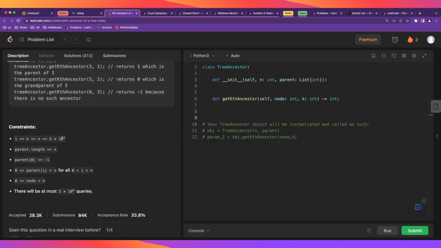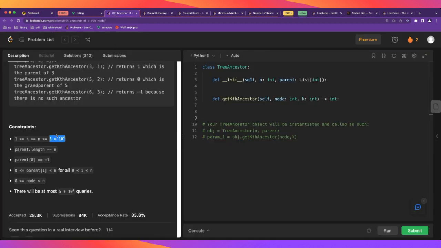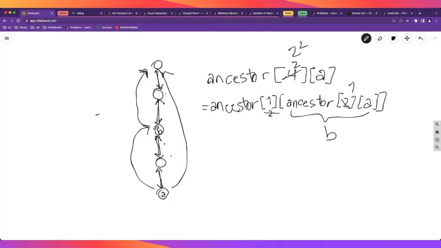So one question is, what size does the table have to be? The maximum k that we are going to get is, like I said, 5 times 10 to the 4, and I guess I can explain how to do this quickly.